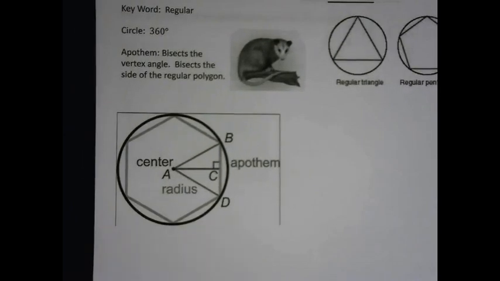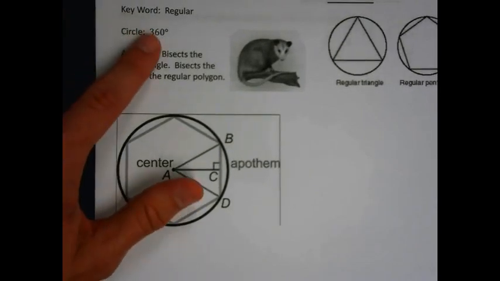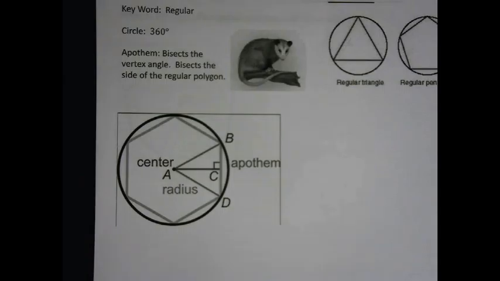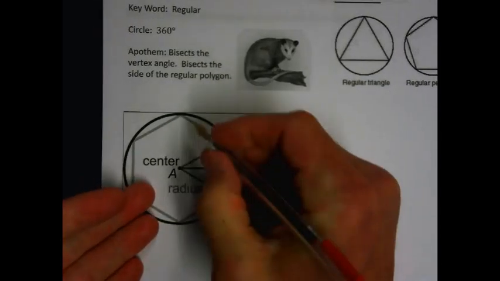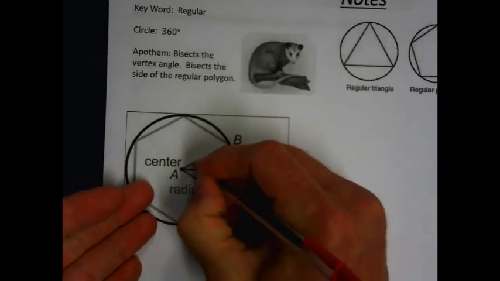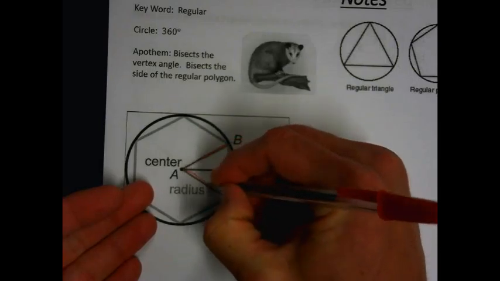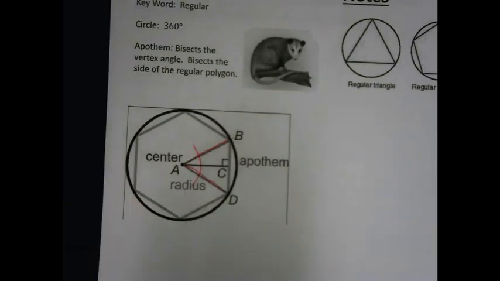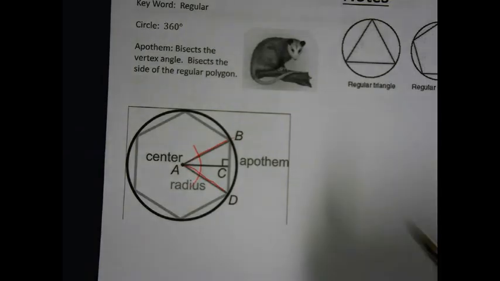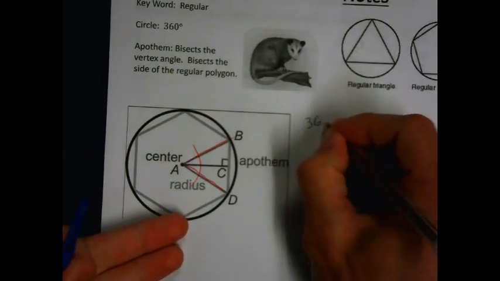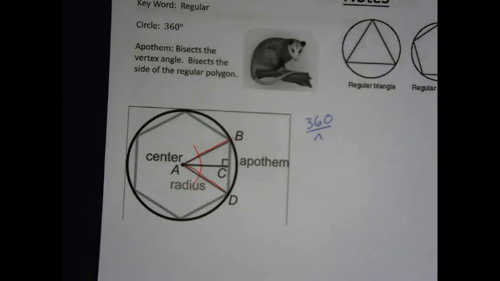So a couple things about regular polygons to review: a circle is 360 degrees around, and when we have two consecutive radii, we have a vertex angle, and we can find that vertex angle by dividing 360 by the number of sides.